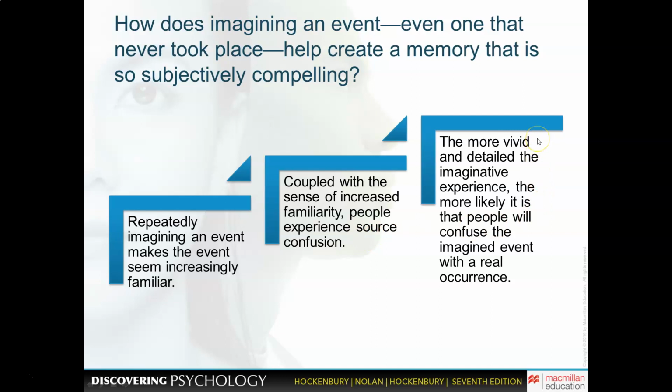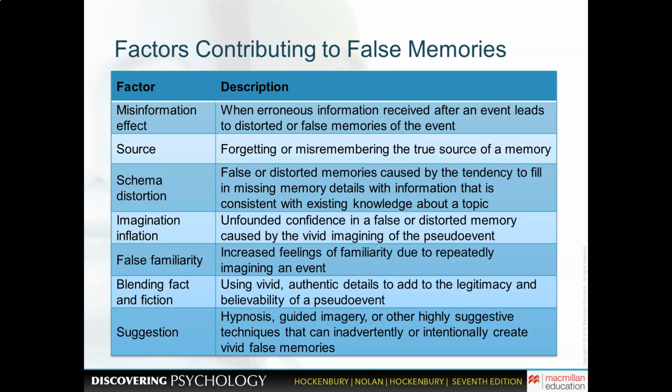And the last basic step of this is, the more vivid and detailed the imaginative experience, the more likely it is that people will confuse the imagined event with a real occurrence. So that is an example of what people tend to call a false memory. So that is how that occurs.